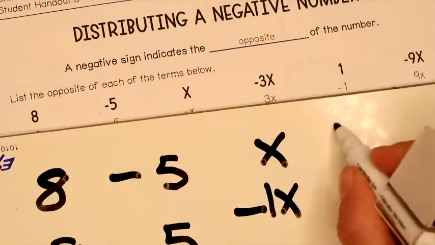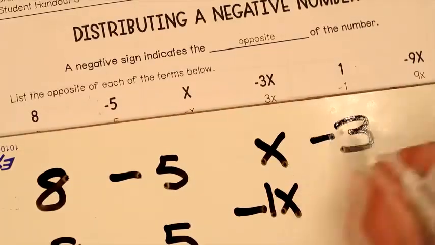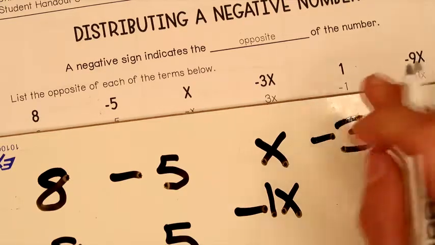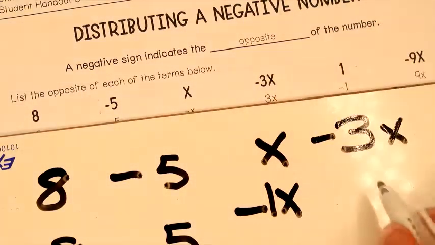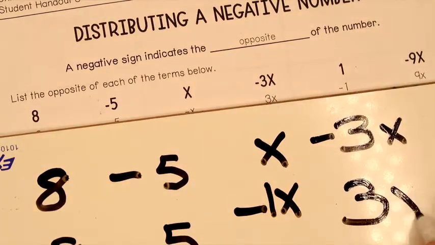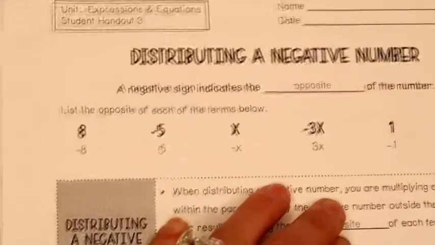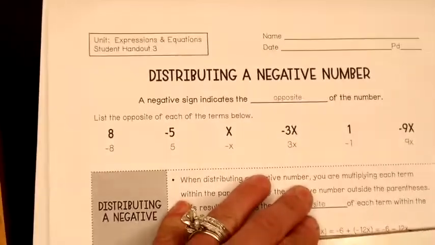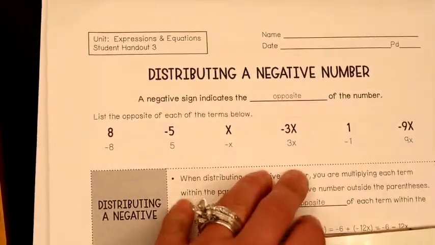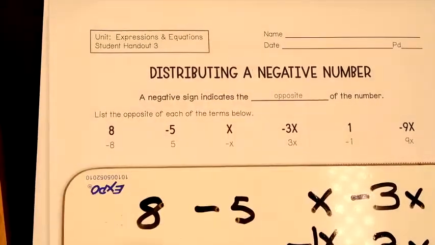Our next one would be 3. Negative 3x. And I'm sure you guys can see it and cheat a little bit, but our answer is 3x. As you can see, it is just the what? It is just the opposite. Okay?